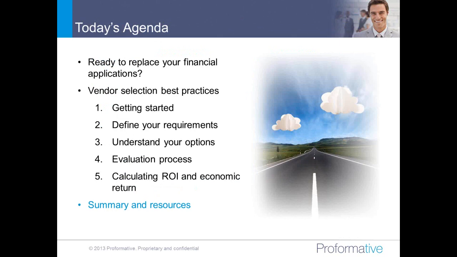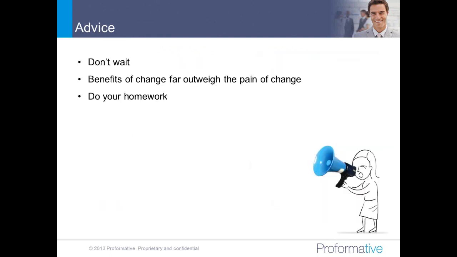So we've gone through how to get started on this, how to define the requirements, understanding the options through the evaluation process, and then obviously you've got to calculate the return on investment and the economic return so that you can make a case to the powers that be that this is in fact a good decision.